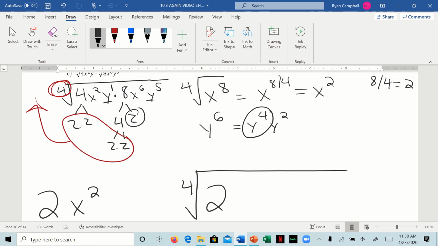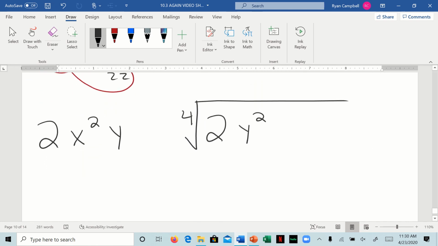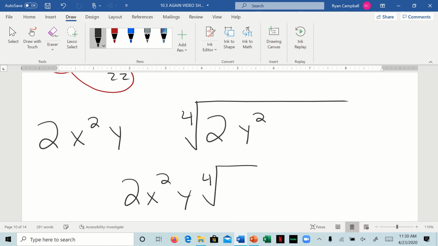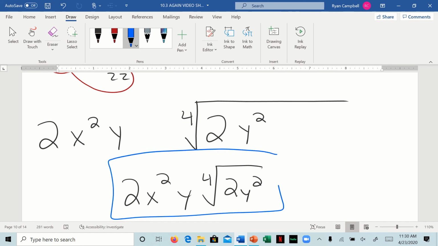So this group of 4 y's is going to come out, and we're going to be left with this y squared inside. So if we want to write it a little nicer, 2x squared y times the 4th root of 2y squared. That's our final answer.